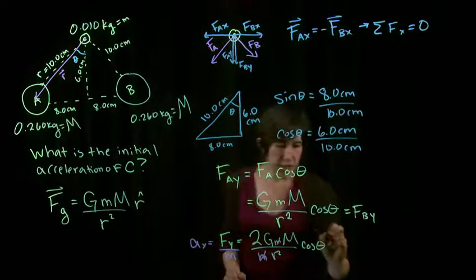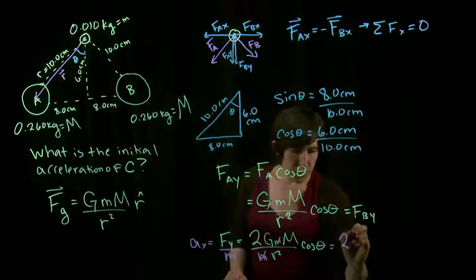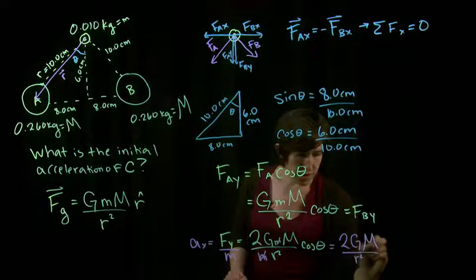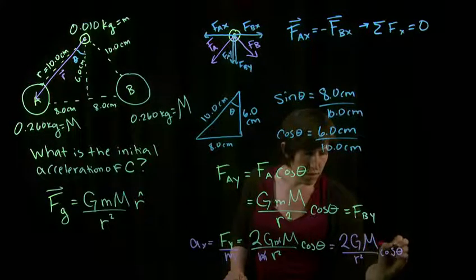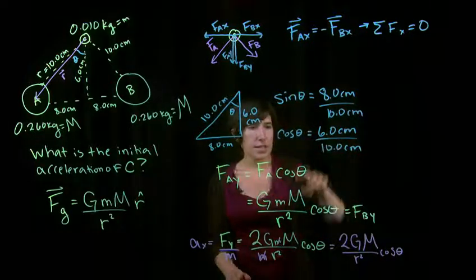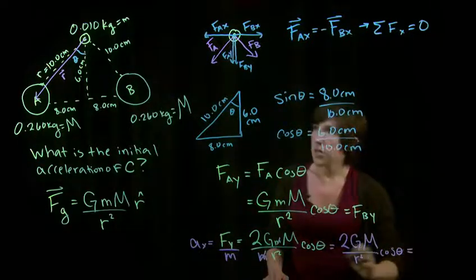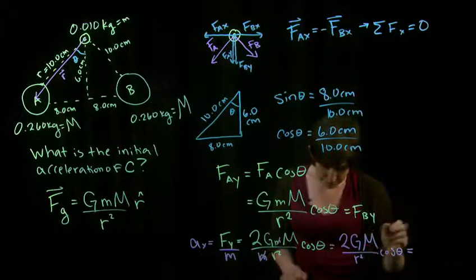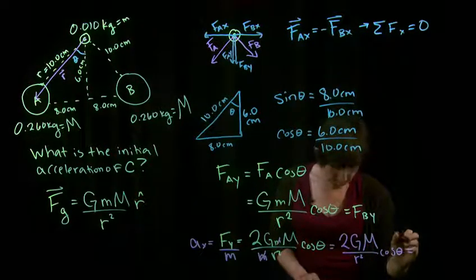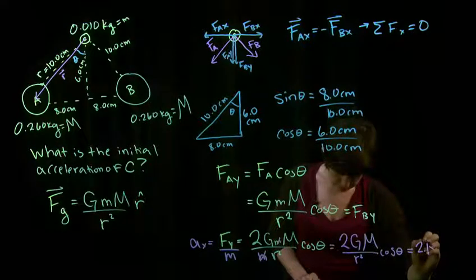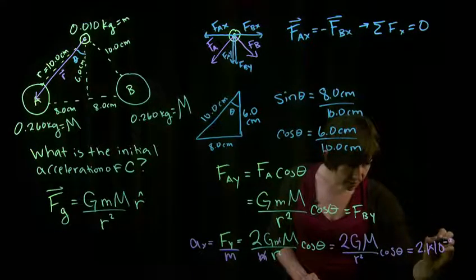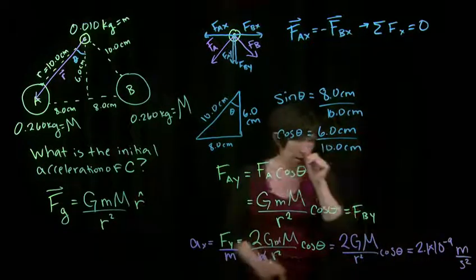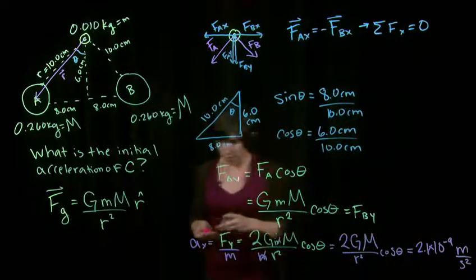And so the acceleration is simply 2G big M over r squared cosine theta, where cosine theta is 6/10. If we plug in all of the values and look up the value of G, we get 2.1 times 10 to the negative 9 meters per second squared. So a pretty small little acceleration, but there you have it.